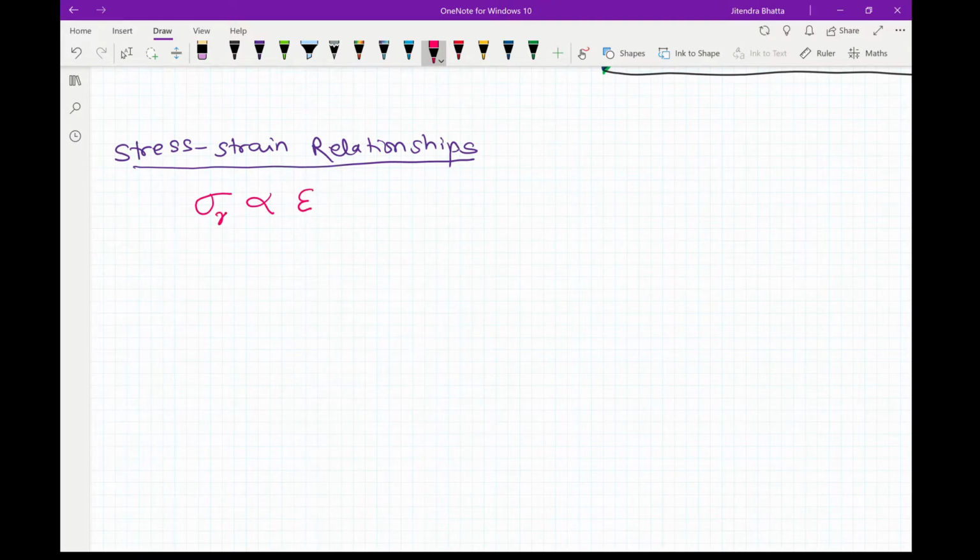Let's say this is in x direction and this is also in x direction, then we can write this as sigma equals E times epsilon, where this term here is a constant known as elastic modulus.